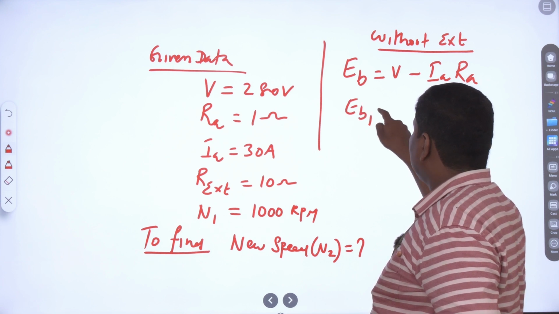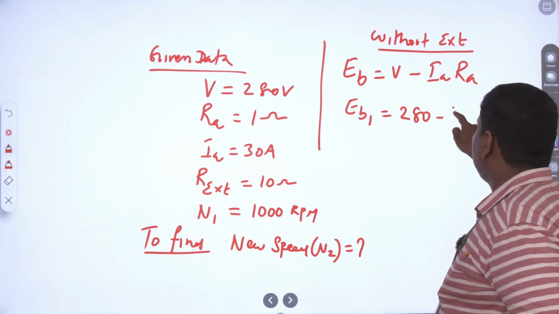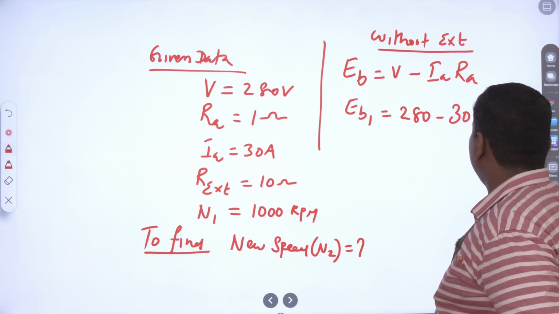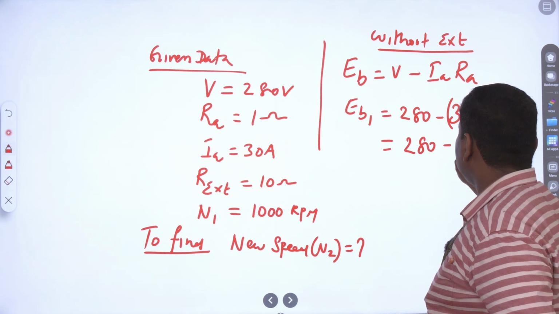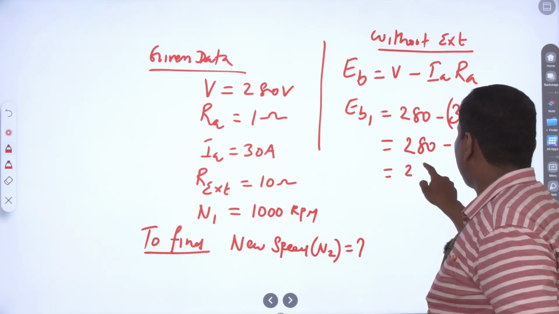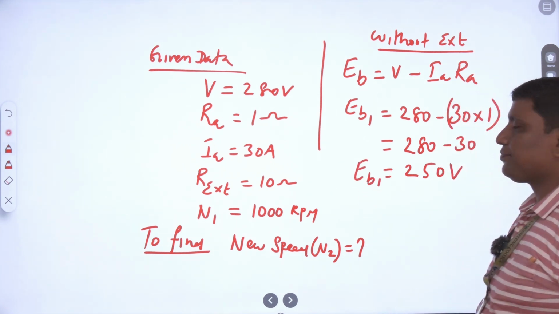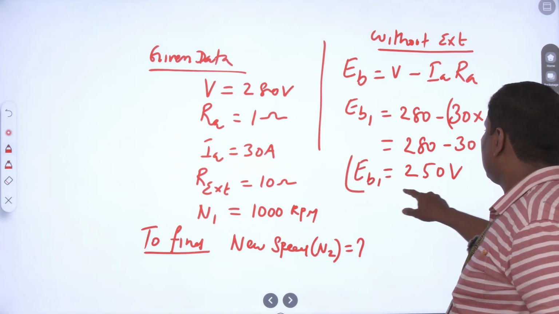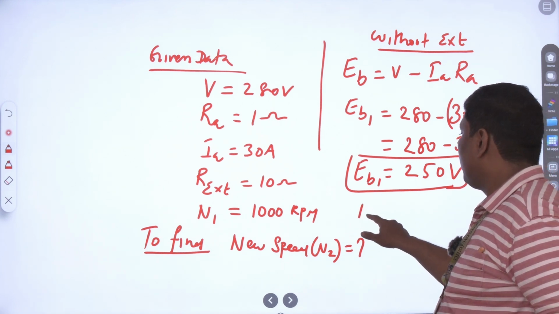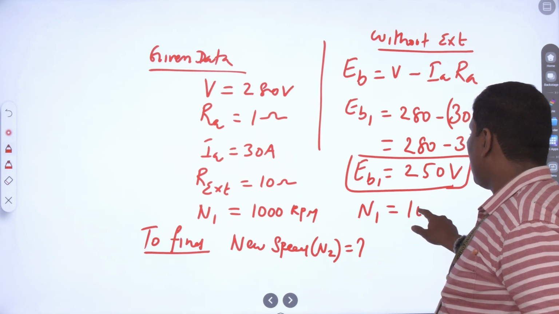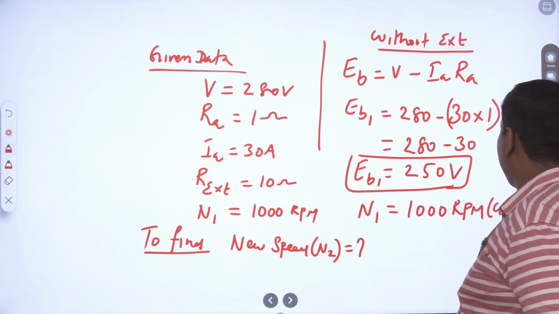So EB1 equal to 280 minus 30 into 1 ampere. 280 minus 30, so this is 250 volt, EB1. Clear? For that, the N1 value they gave as 1000 rpm. So this is a given value.